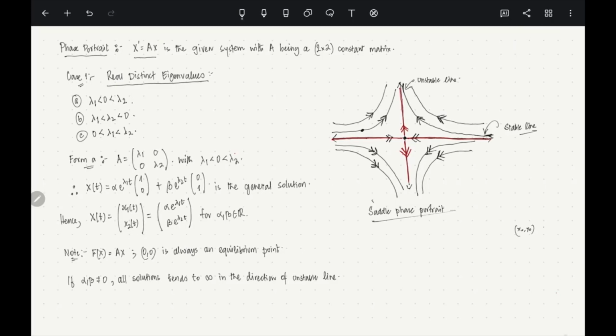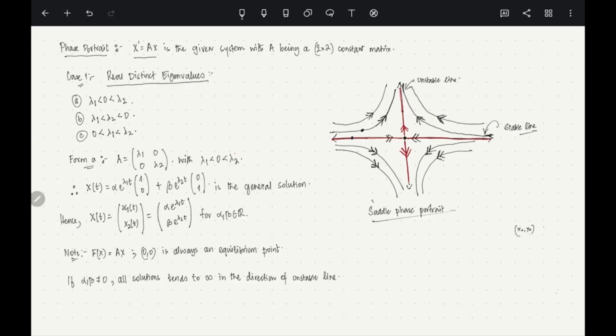These are also flow lines. If you put a point here, that point will be carried along this trajectory, and it will converge towards the unstable equilibrium. If you start with a point here, that point will be forced to go towards the origin.